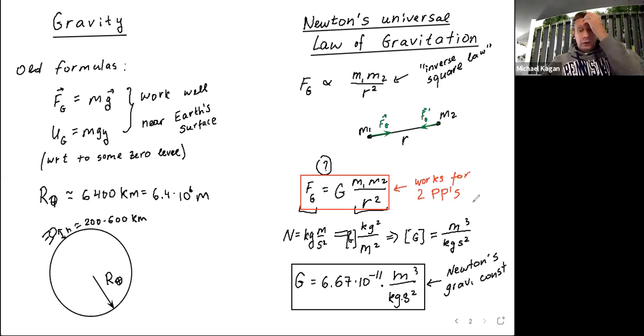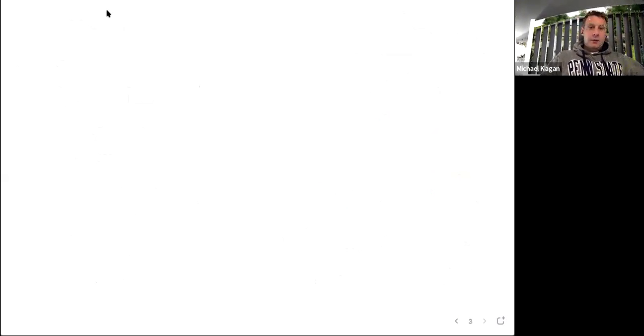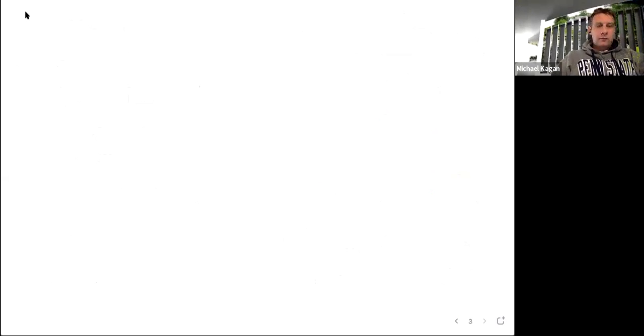Now, what to do if you want to consider realistic objects, which are not point particles? What about extended objects?